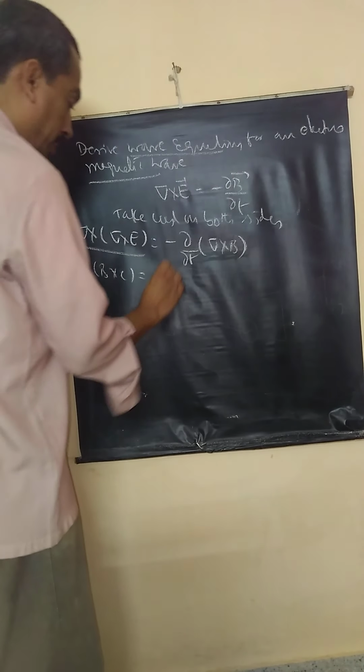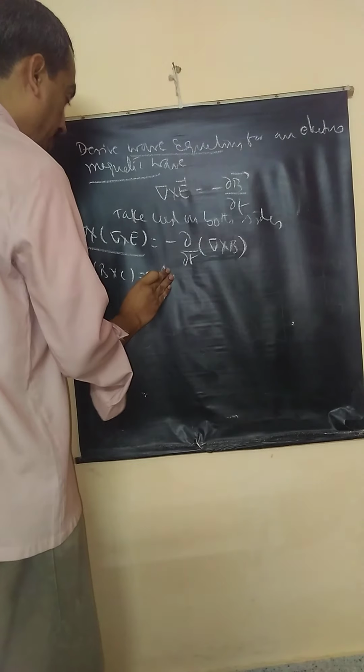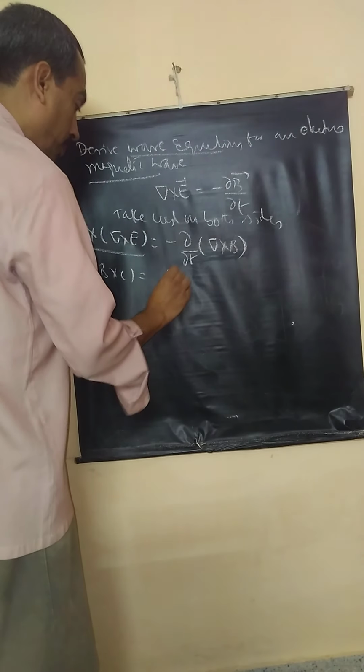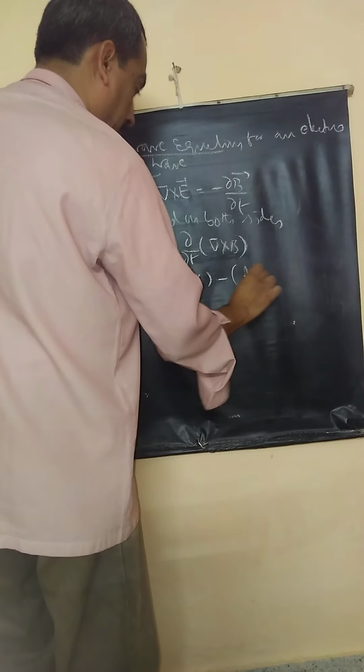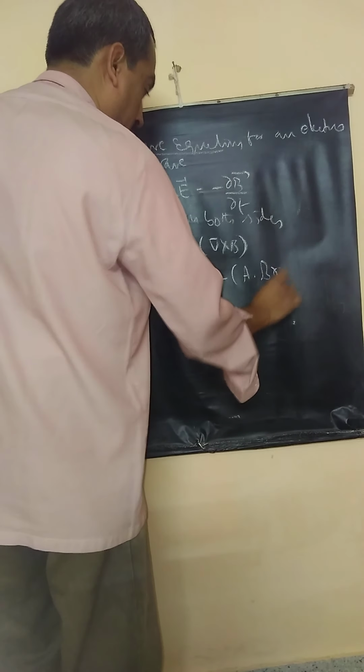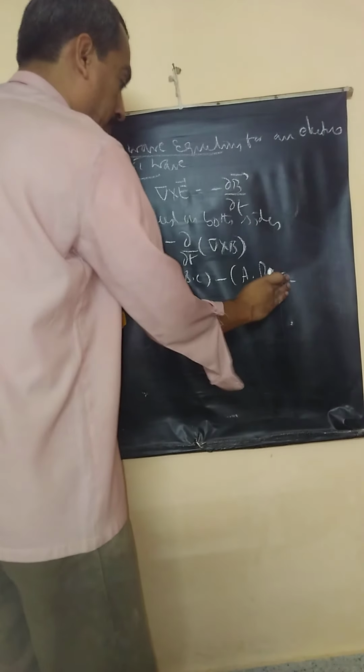What is A cross B cross C? A into B dot C minus A dot B into C, correct? Now for del cross B, what can we substitute?